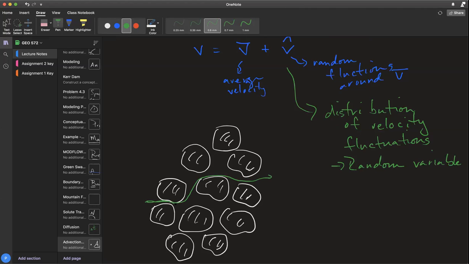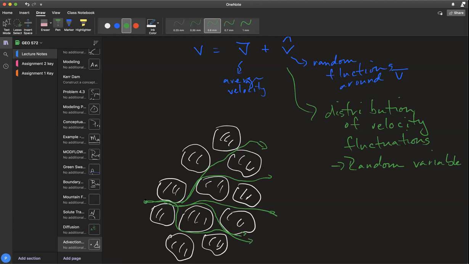Some of that solute goes around pores, some of it going this way, this way, this way. All right, and so we tend to spread because of this tortuosity.